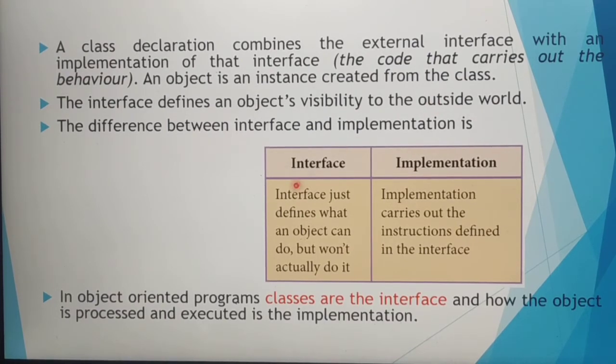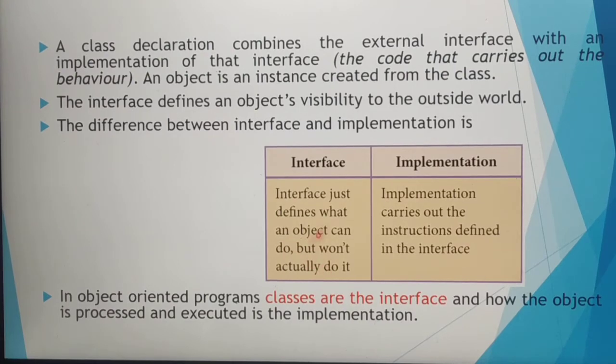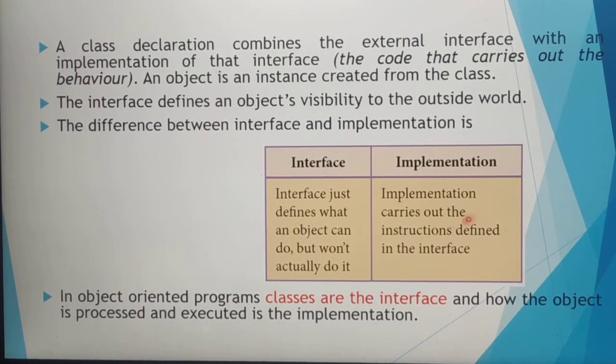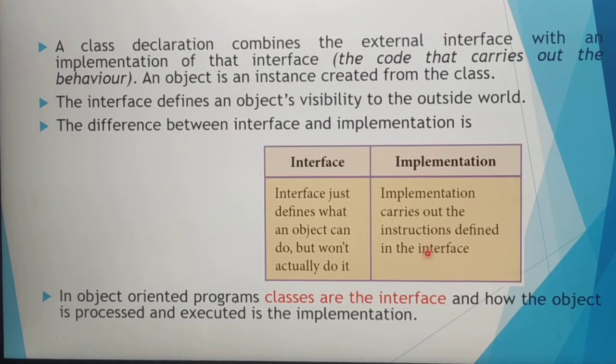Next, what is the difference between interface and implementation? An interface just defines what an object can do, but it won't actually do it. Whatever behavior can be done by the object is explained by the interface. But the implementation carries out the instructions defined in the interface.